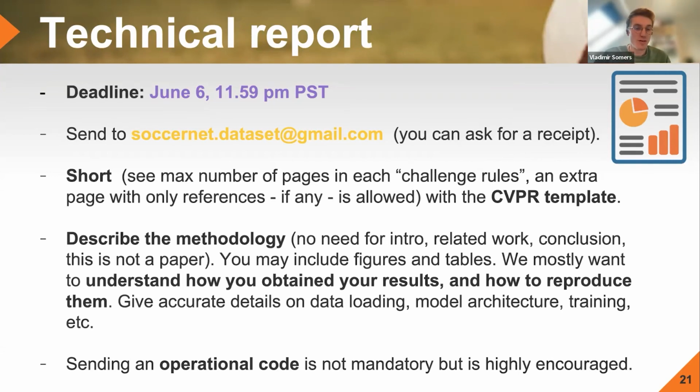Again, please have a look at the GitHub or the tutorial from yesterday. The deadline is June 6th. The goal of that report is for us to understand your result, to be able to reproduce your model, and we will use that technical report to evaluate if your team is, of course, eligible for the prize money.